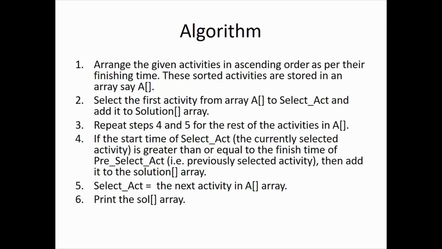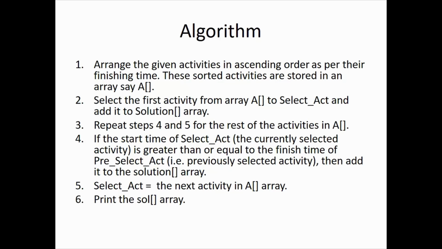Now let's have one variable, select_act. The first activity is taken from array A and stored in select_act. And there is another array, solution, in which we will have the final solution.